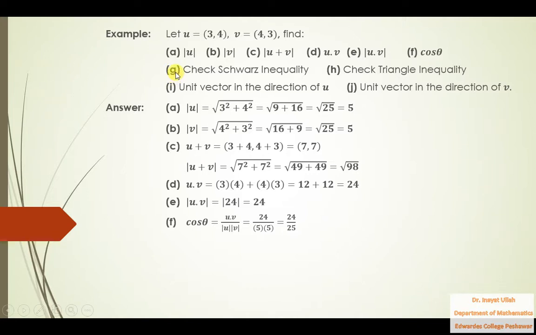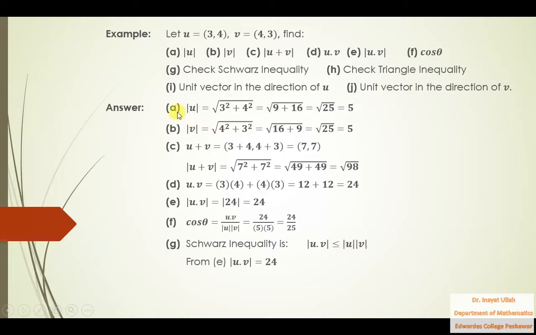In part g, we'll check the Schwarz inequality. The magnitude of u dot v is less than or equal to the magnitude of u times the magnitude of v. If you look at part e, we have calculated the magnitude of u dot v, which is 24. For the right hand side, we need the magnitude of u and the magnitude of v.